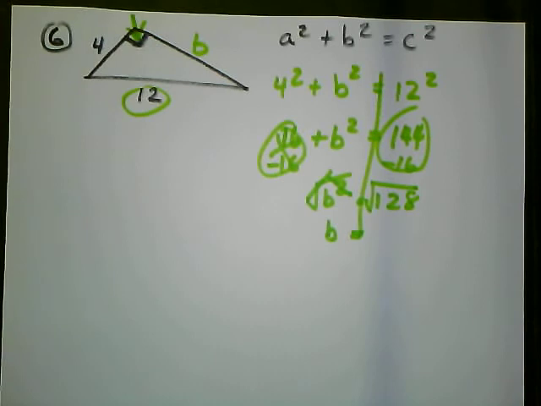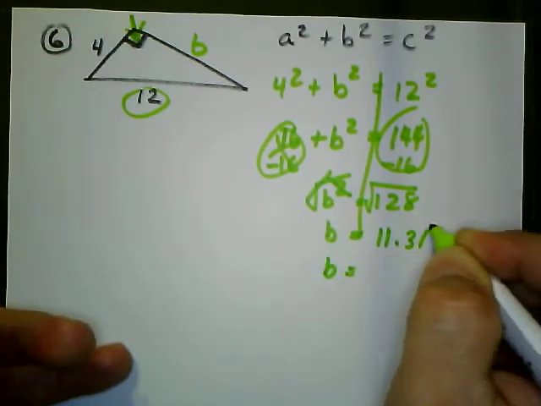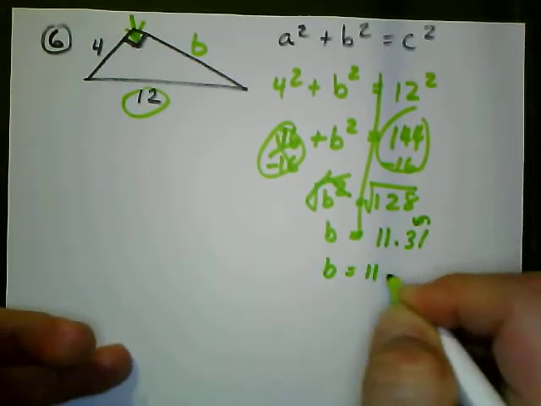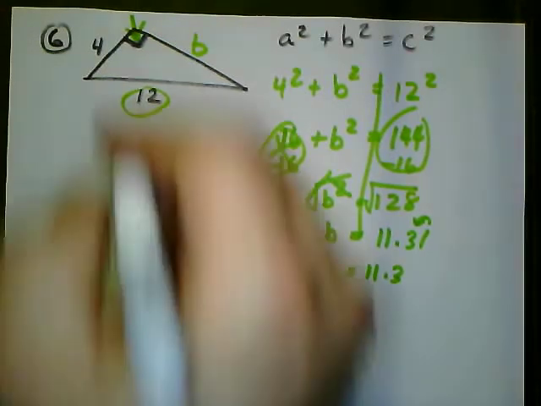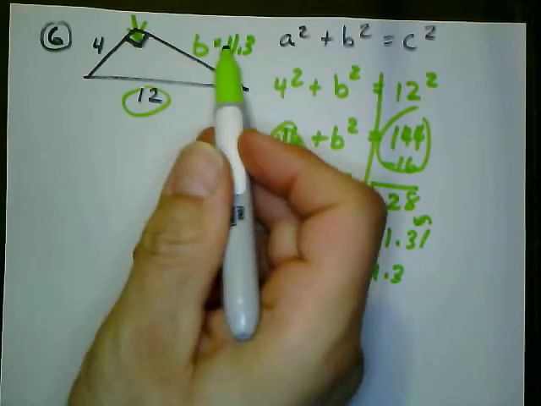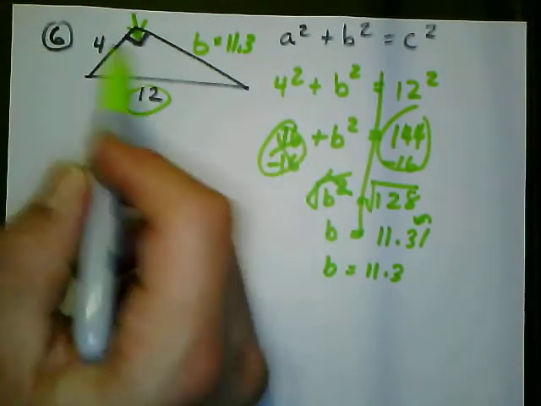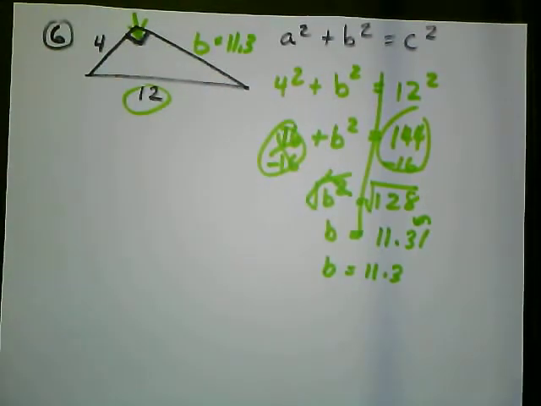B equals the square root of 128, which is 11.31. The 1 is going to keep the 3 the same, so 11 3/10. Is it smaller than 12? Yes, it is. Is 4 smaller than 12? Yes. The 2 legs are smaller than the 12. So you're good. We're perfectly fine there.